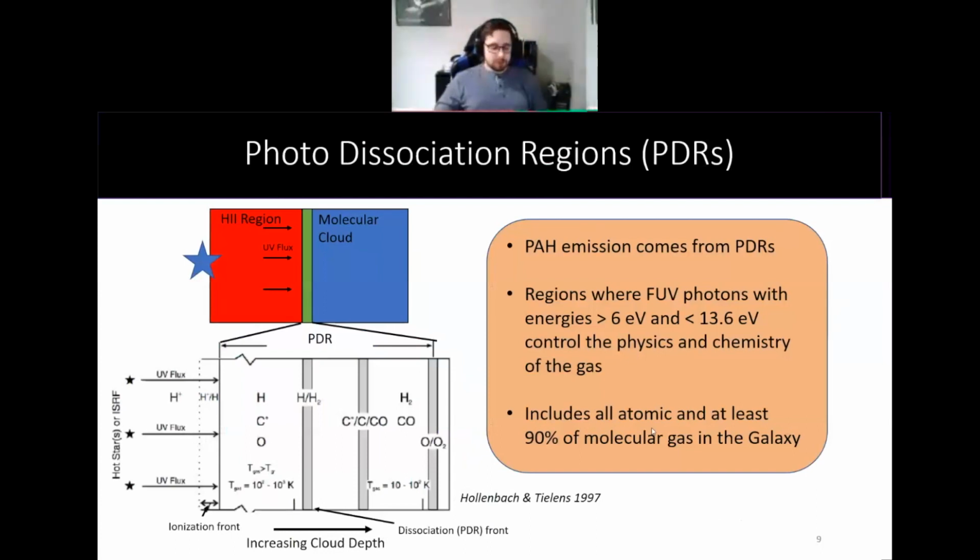So these molecules are primarily found within photodissociation regions or photodominated regions, PDRs. So these are regions defined to be where the far ultraviolet photon flux has energies between 6 and 13.6 electron volts, which controls the physics and chemistry of the gas.